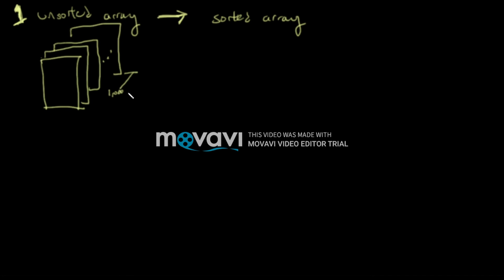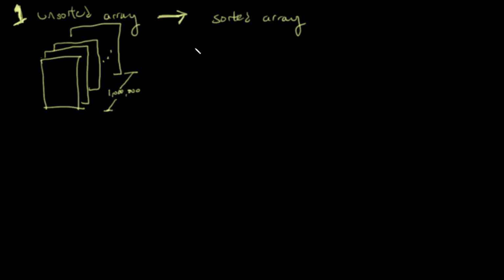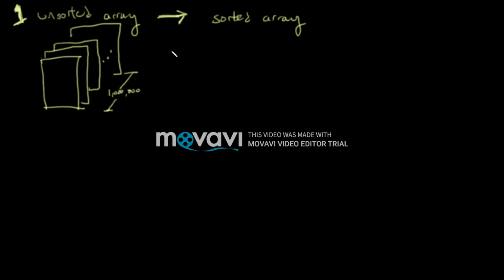Let's say it has 1,000,000 elements in it. It's a size 1,000,000 deck of cards. All of the cards in there are unsorted, and they all have a unique number between 1 and 1,000,000. And somebody asks you, hey, can you sort these numbers for me?